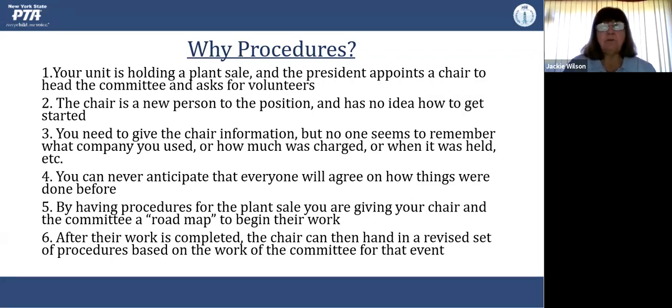It may have some differences, but that's why procedures are so important, because they allow everyone to have the information they need to do their job, whatever their role is, from officer down to committee member. And it's very, very important that we are able to do that so people know exactly where they're going and what they need to do.